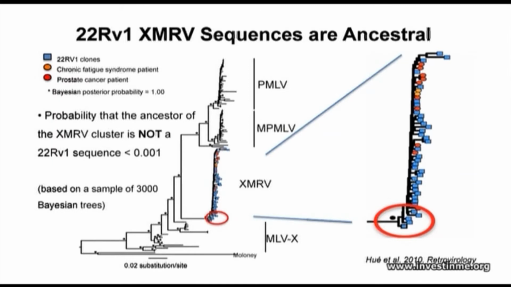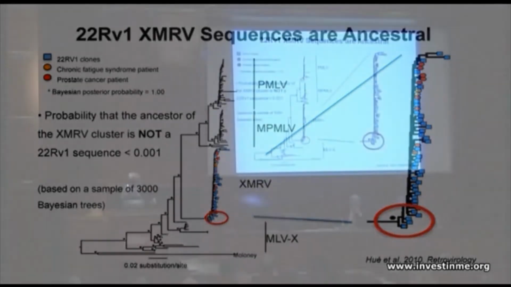If the blue sequences were simply an example of a prostate cancer that had XMRV, it would be expected to form its own cluster. But in fact, they intermingled, suggesting that they were all coming from the same source. What is that source? Well, the fact that the blue squares are at this position in the tree tells you that these are the origin of the other sequences.